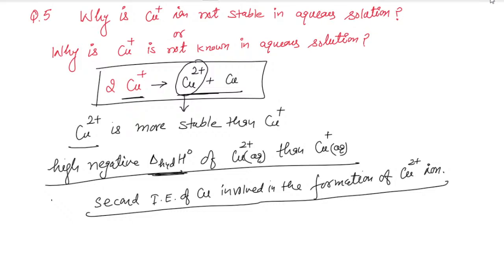So what you should write? That stability of copper 2+ ion as compared to copper 1+ is due to more negative standard enthalpy of hydration of copper 2+ aqueous than copper 1+ aqueous, which compensates the second ionization enthalpy of copper involved in the formation of copper 2+.